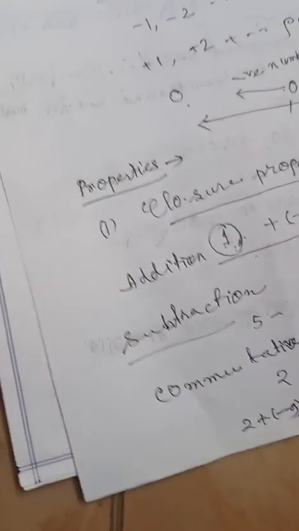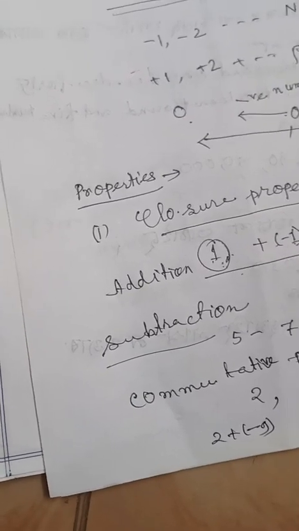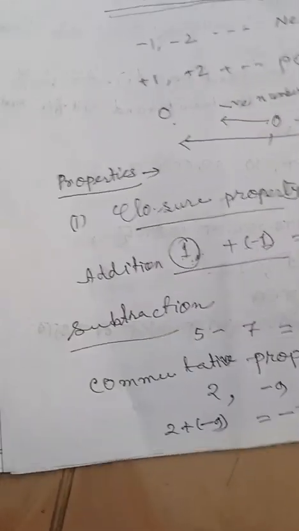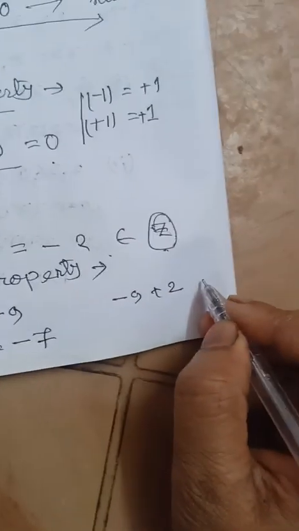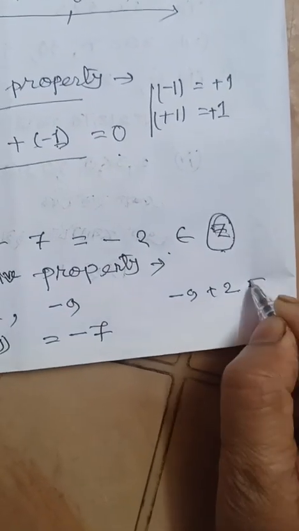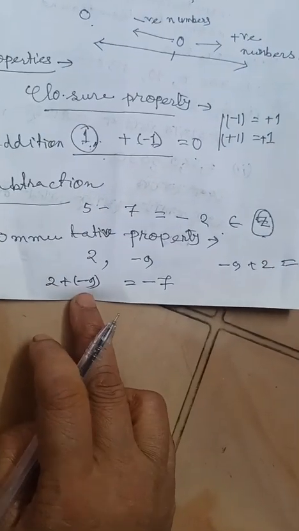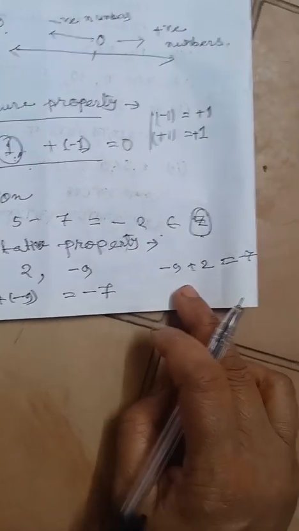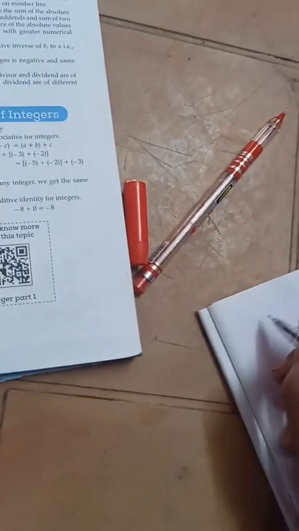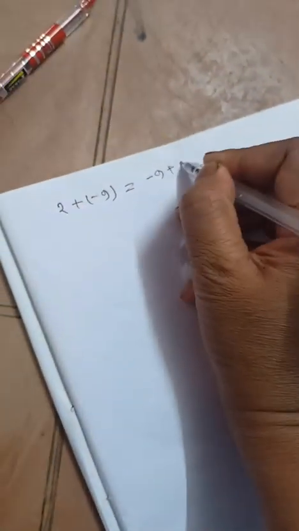And again you take minus 9 plus 2. What is the result? The result is minus 7. Here what we find? 2 plus minus 9 is equal to minus 9 plus 2.